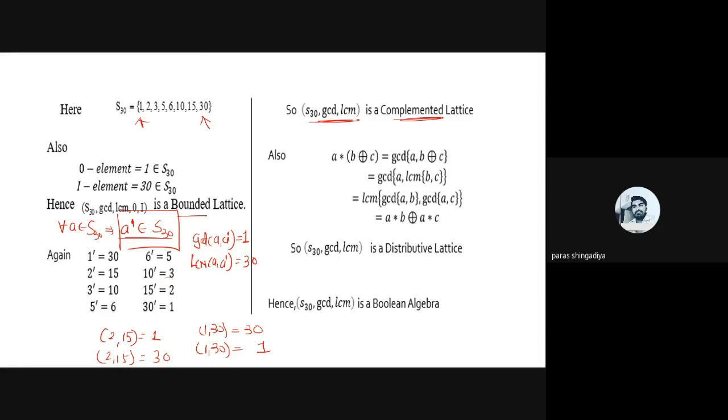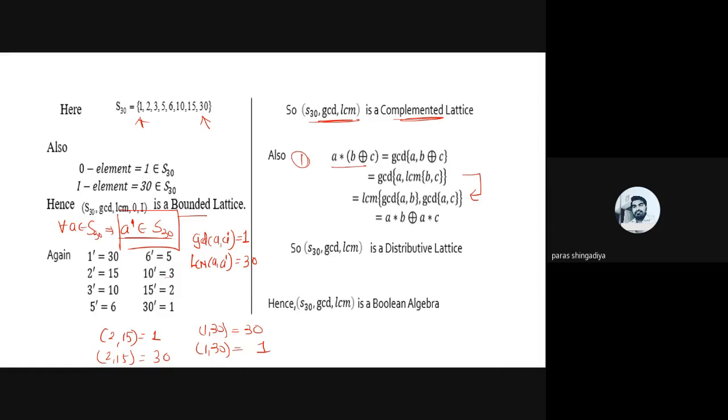So we have the rules. A star B ring sum C, the first distributive law. A star B ring sum C is equal to the GCD of A comma B ring sum C. First remove the star: GCD of A comma B ring sum C, and now B ring sum C can be written as LCM of B comma C, and we have one direct formula for this step.